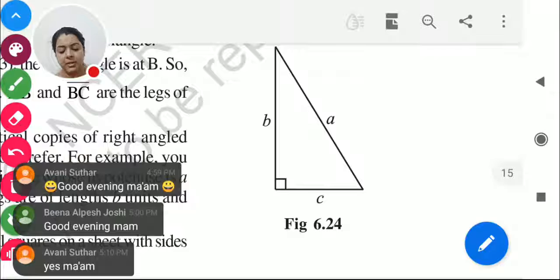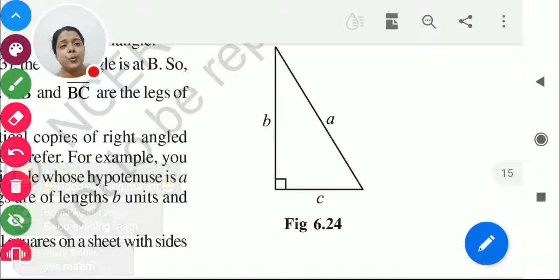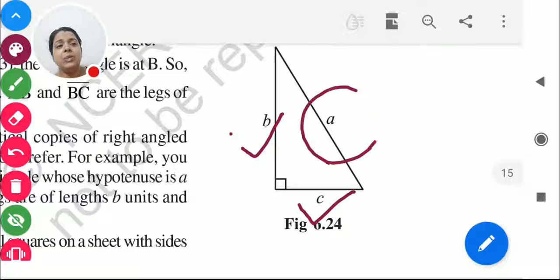Okay, done. So I'm coming to the part, what is the rule for this? So we got to know, if B is given to you, means the length is given to you. If C is given to you, means the breadth is given to you. So how can you find out the hypotenuse?